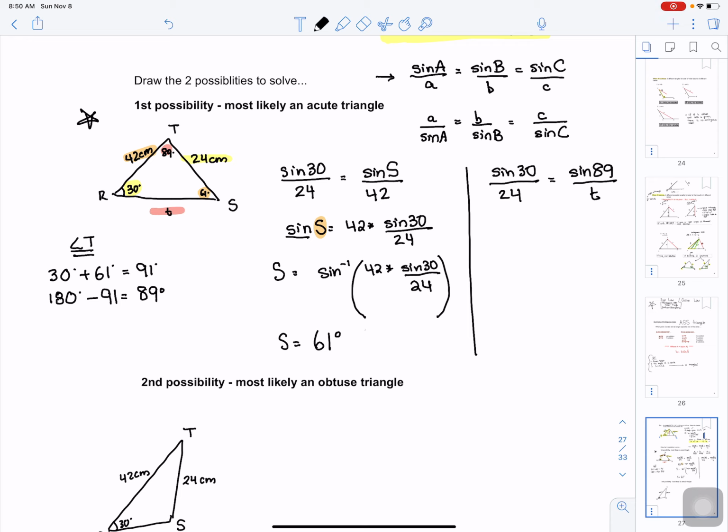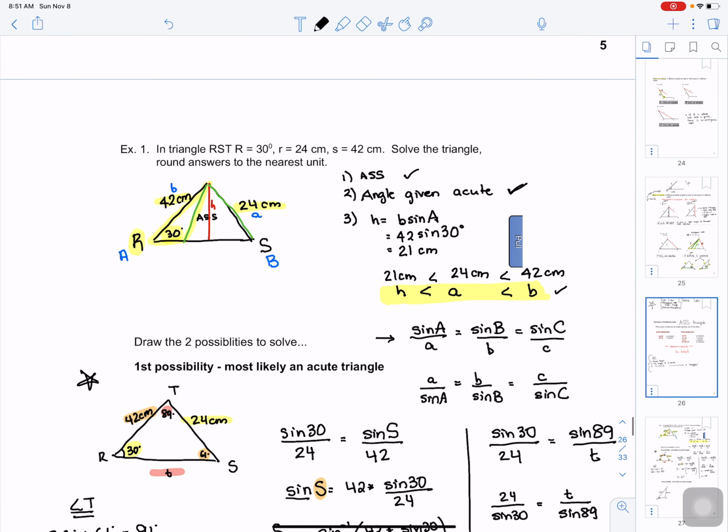Now again, some of you find it a little bit weird that the t is on the bottom, so I can switch and do the reciprocal of both sides, only on this type of example where I have a single fraction on each side. So I'm going to isolate t by multiplying both sides by sine 89. So sine 89 times 24 over sine 30. And then you can see I've already got t isolated. So you're going to carefully put that into your calculator, and you're going to get 48.